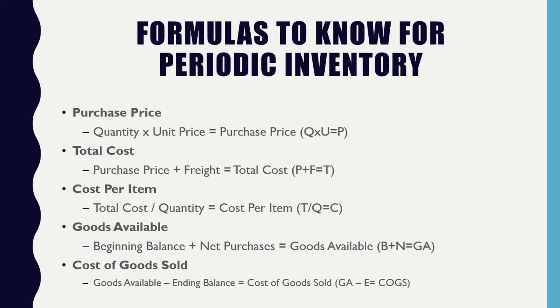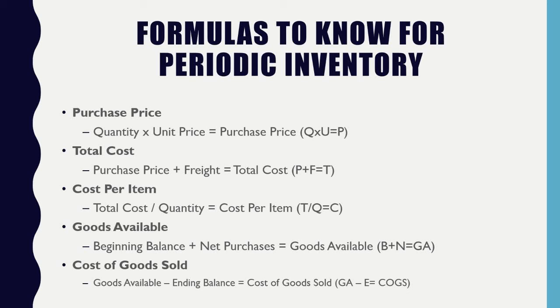The idea is that when we look at an inventory worksheet, there are going to be columns, and the columns are what you're going to be filling in the formula for. When we talk about a purchase price or purchase expense, it's going to be quantity times the unit cost, which gives us our purchase price.